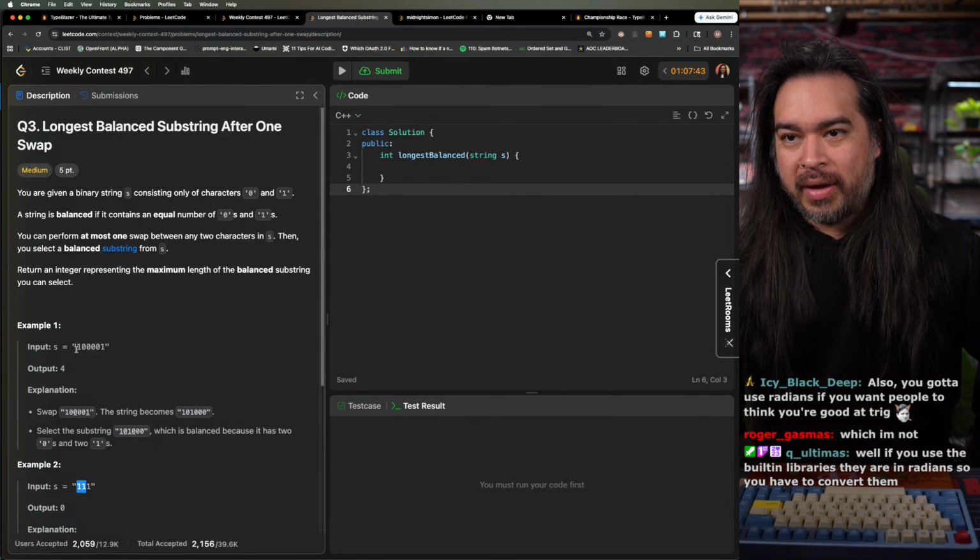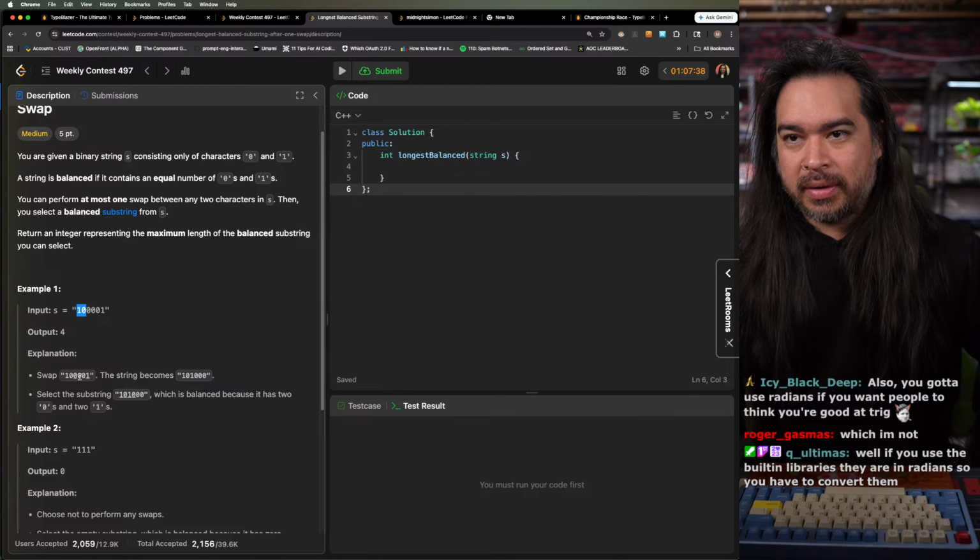I'm thinking we have to find the longest balanced without doing any swaps. So this one would be 2. This one would be 0.